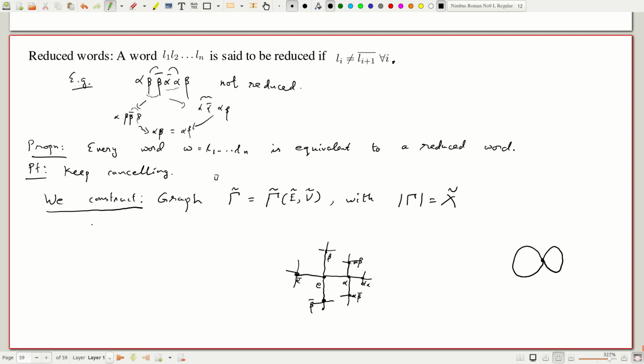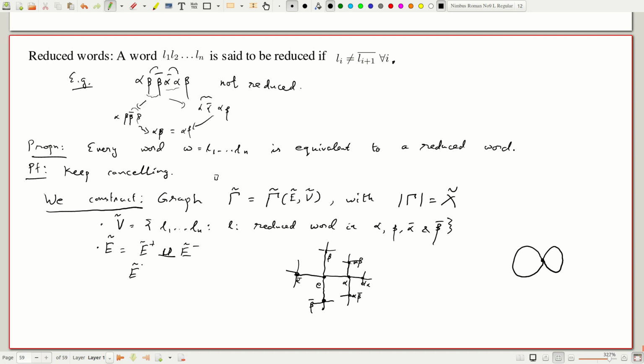We'll look at links a little more carefully when we talk about the covering, but now what's the set? V tilde is simply the set of L1 through Ln, a reduced word. Let me be explicit here: this is a reduced word in alpha, beta, alpha bar and beta bar, so it's a string of letters with no cancellation. And E tilde, just like with real numbers where we had rightward edges and leftward edges, I'll break up as E tilde plus union E tilde minus, a disjoint union of these two.